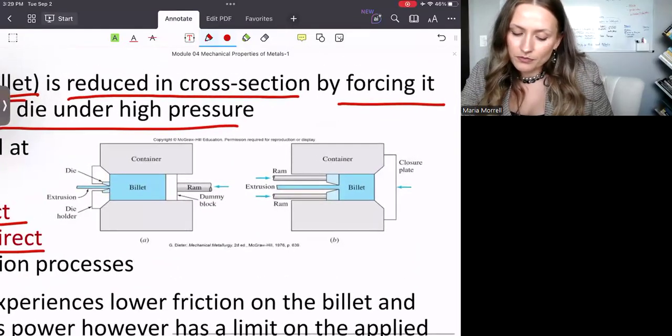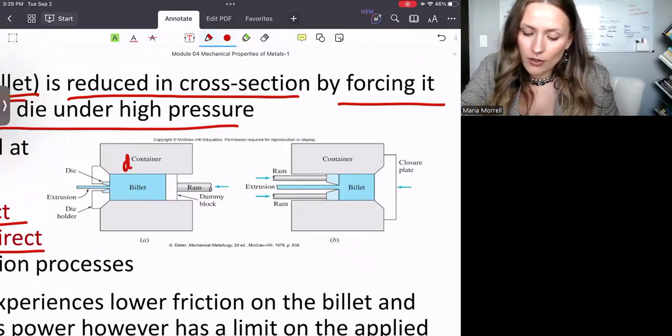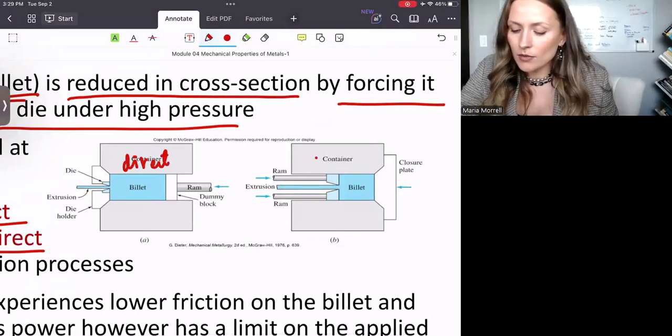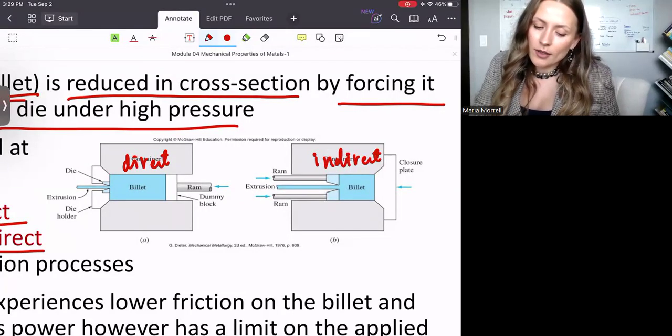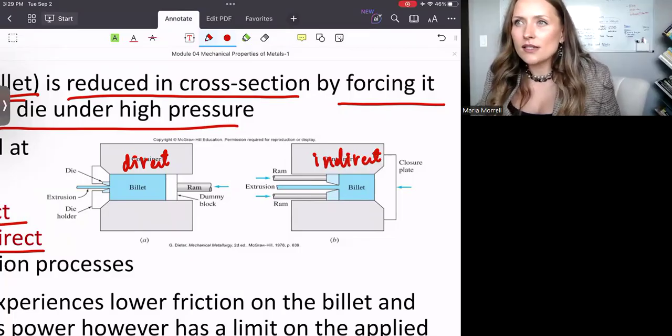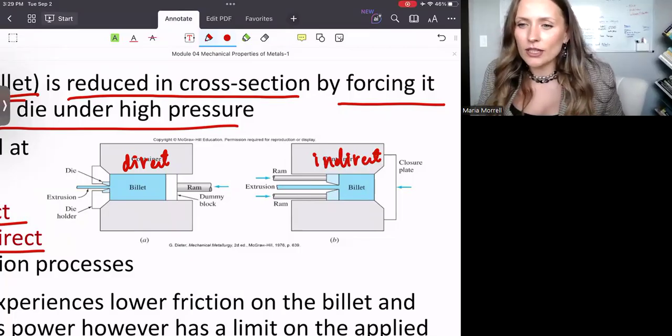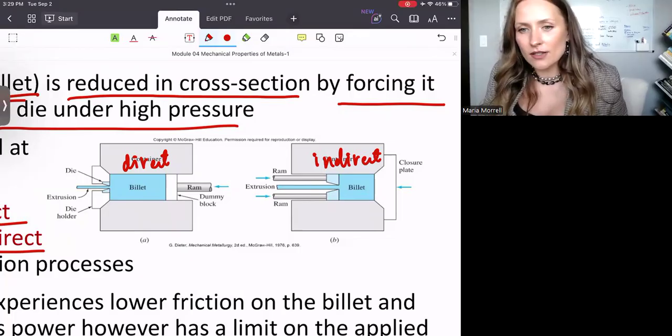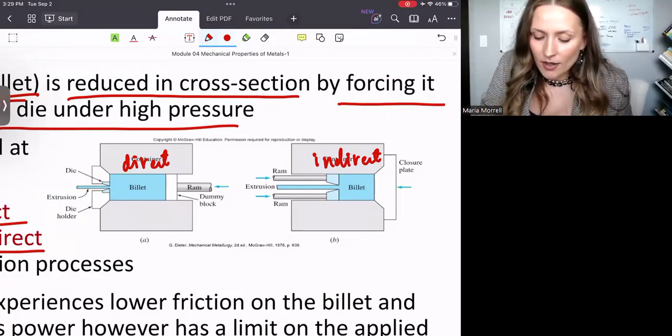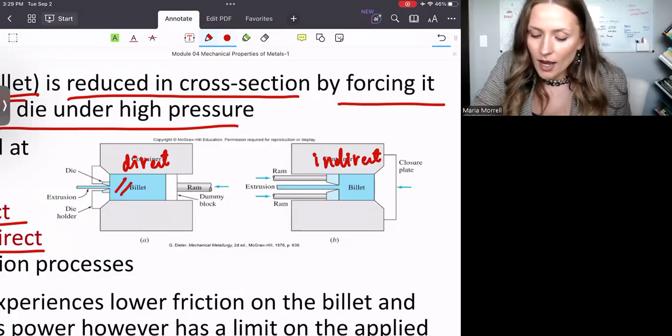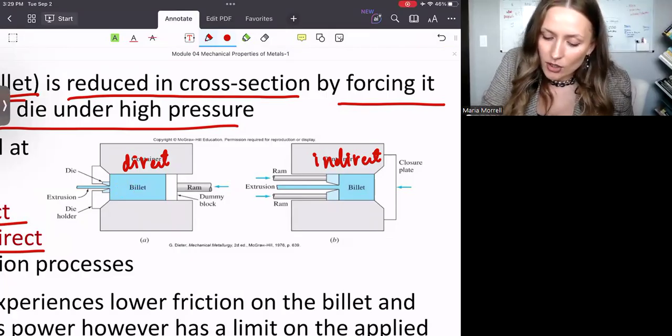So this is going to be our direct, and this is going to be your indirect extrusion. Okay, so the difference is kind of slight, but hopefully I'll do a good job explaining it. So this is my billet, right here. And what's going to happen is that I'm going to use this ram, right?